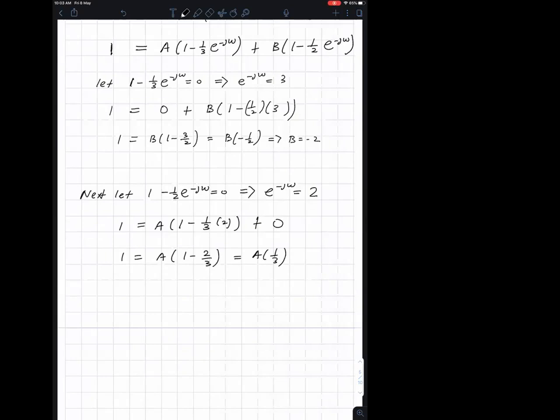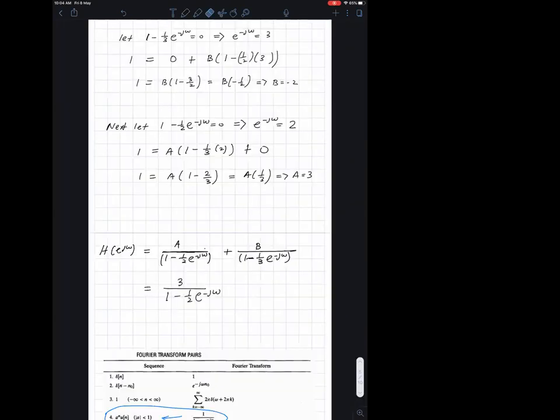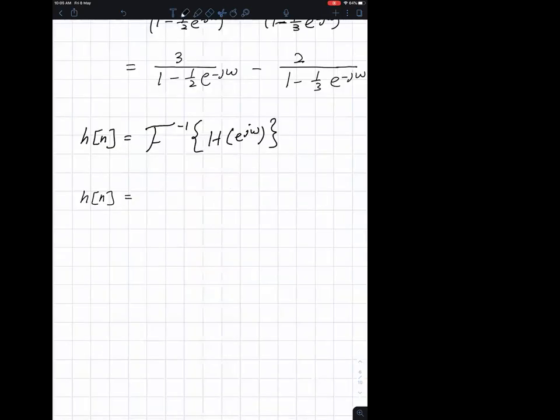So A is 3. Minus 2 over... So this is going to be 3. What is A? A is minus 1/2, right? But then you put 1/2. This is A.